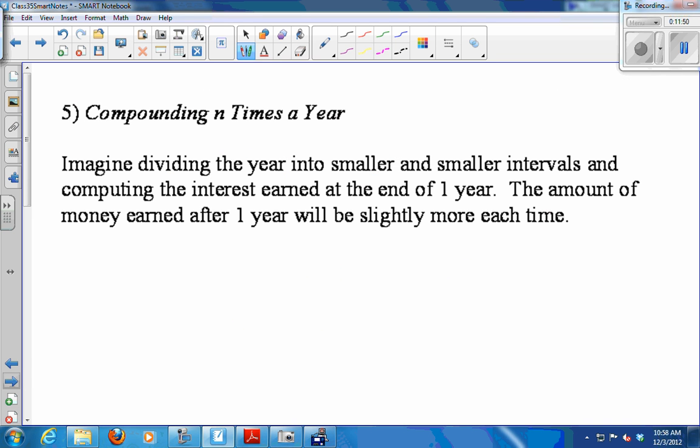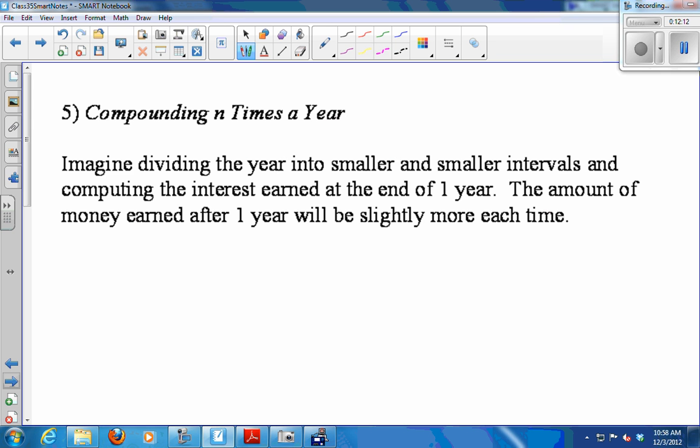So if I want to generalize this to n times per year, I want to divide the year into smaller and smaller intervals. So I did twice, and I did 4 times, and I did 12 times. I could do it, say, weekly, 52 times, or daily, 365 times, or twice a day. So I want to come up with a formula for n times.